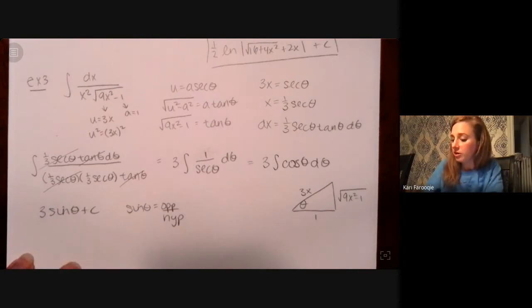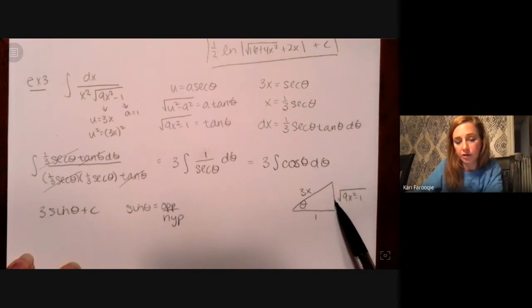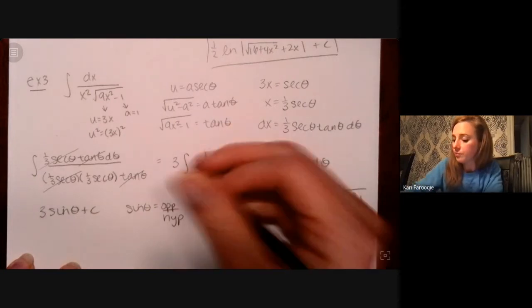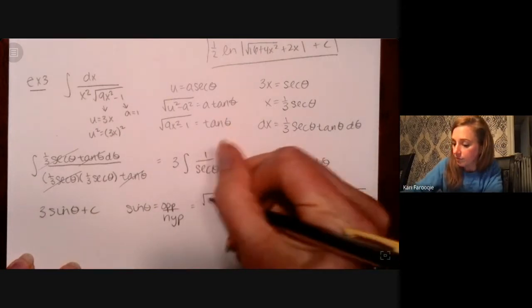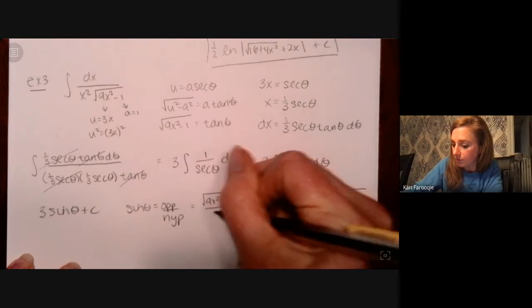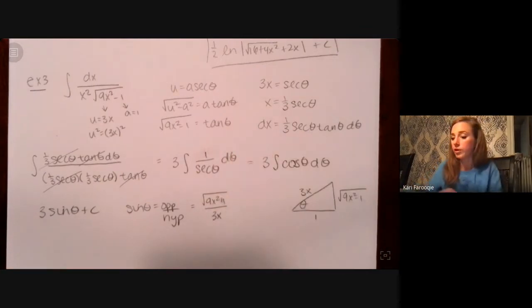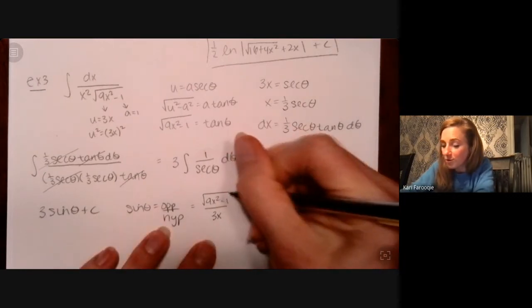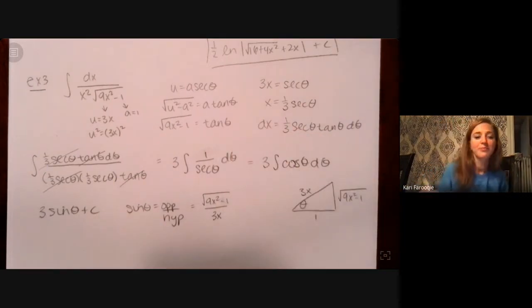Okay, so the opposite over the hypotenuse, if this is theta, the opposite of theta is over here, the square root of 9x squared minus 1. And the hypotenuse is 3x. Oh, not plus 1, minus 1, yikes. Not the end of the world, but it would have been if you tried to enter it wrong on Achieve. Okay, so there's that.